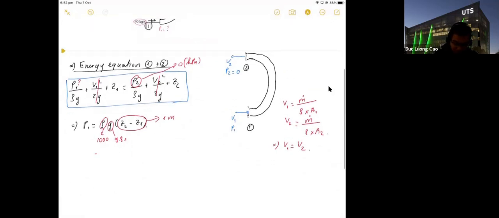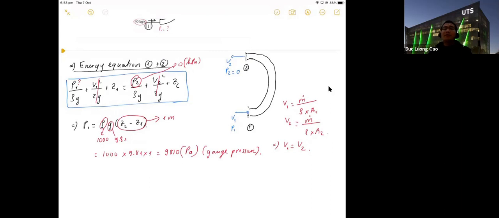So P1 equals 1000 times 9.81 times 1, or 9810 Pascal gauge pressure.